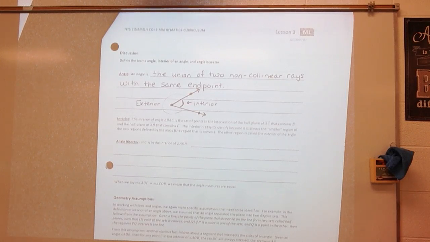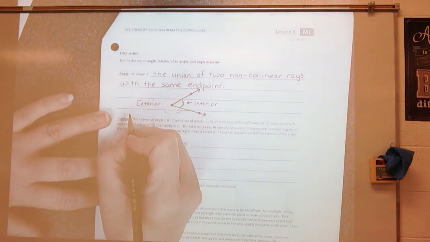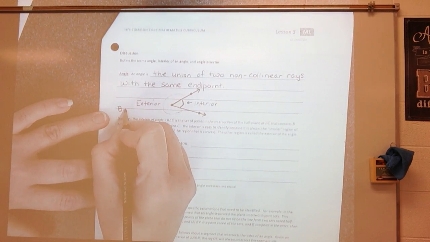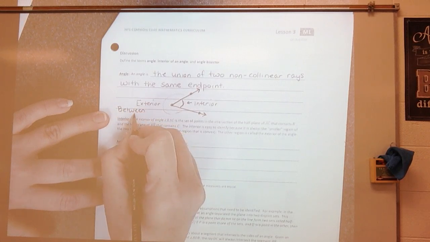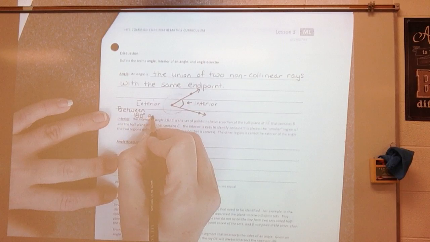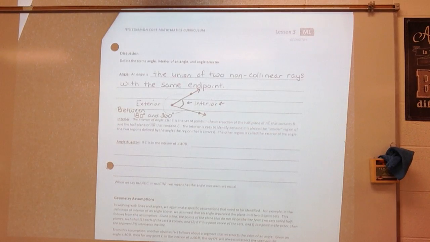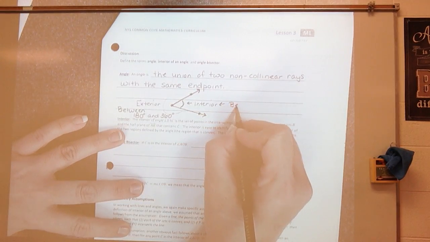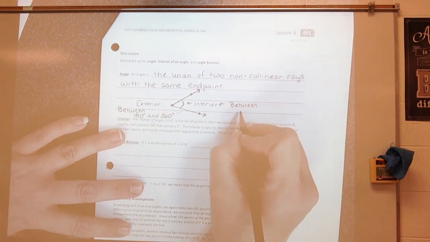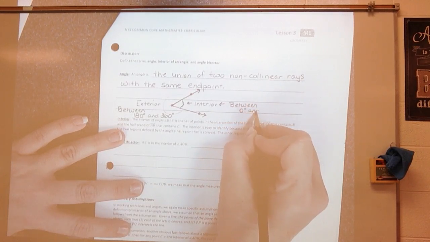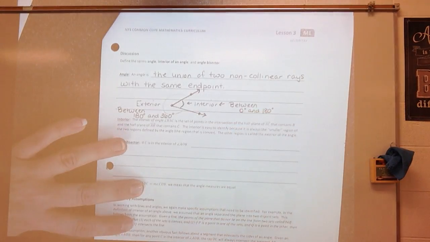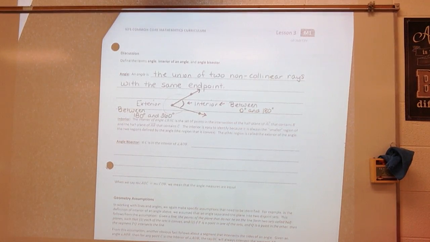The exterior of the angle is going to measure somewhere between 180 degrees and 360 degrees. My interior is going to be between 0 and 180 degrees. All right, so that hopefully will help you a little bit more when it comes to measuring angles.